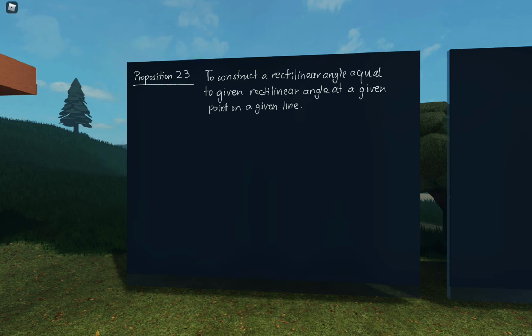I mean, the meaning of this is not just to construct it on a given point, but to construct an angle, one of whose bounding sides is also a given line. So here's the diagram. I'll start with introducing letters. So let AB be a line.